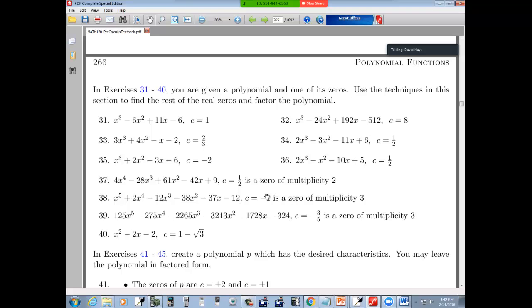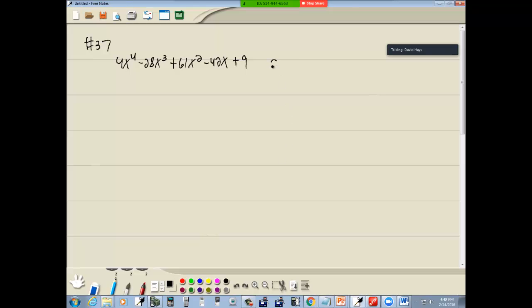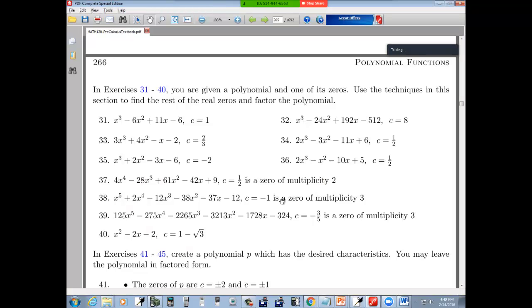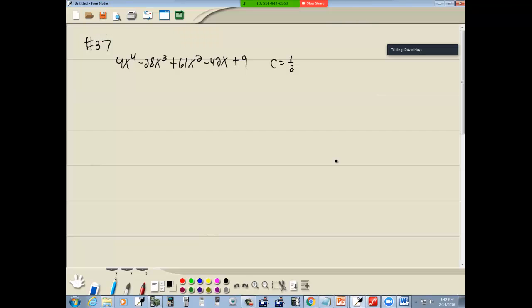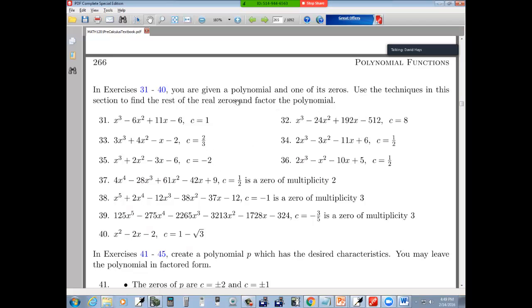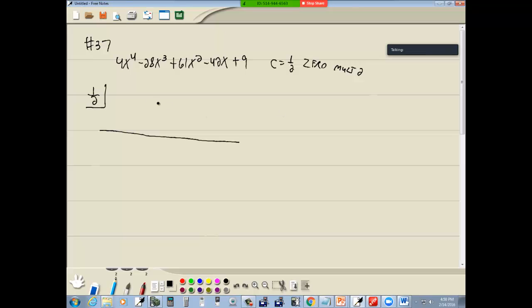And it says c equal to 1/2 is a 0 of multiplicity 2. What that means, when they tell you it's a 0, is we can go ahead and plug it into our synthetic division, because the goal here is to find the rest of the real zeros and factor it. So we can plug that in.